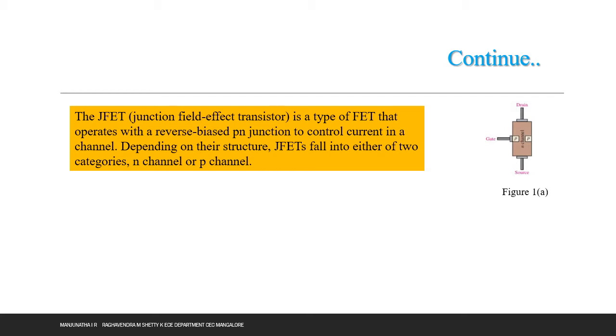And due to the P and N regions, between the P and N region, a depletion region will exist. Here we can say that because of two P regions and the N region in the middle, there will be two depletion regions or a depletion width.